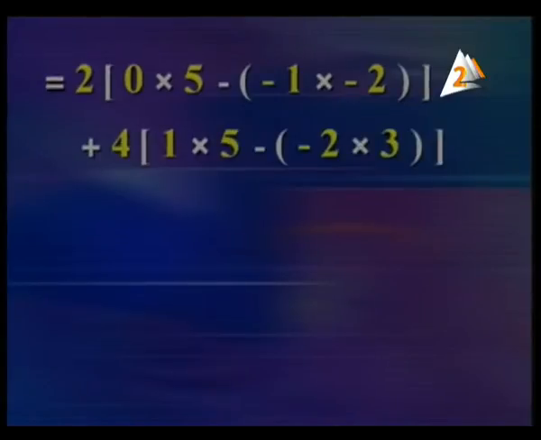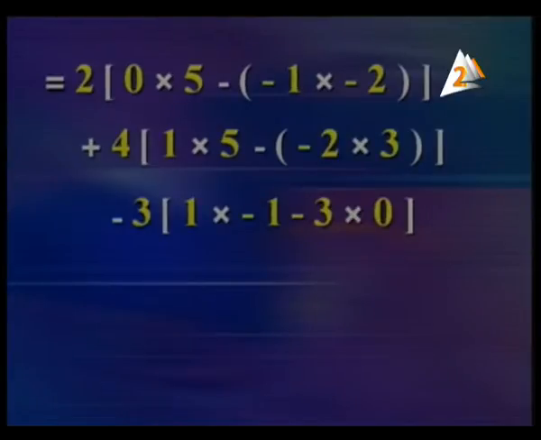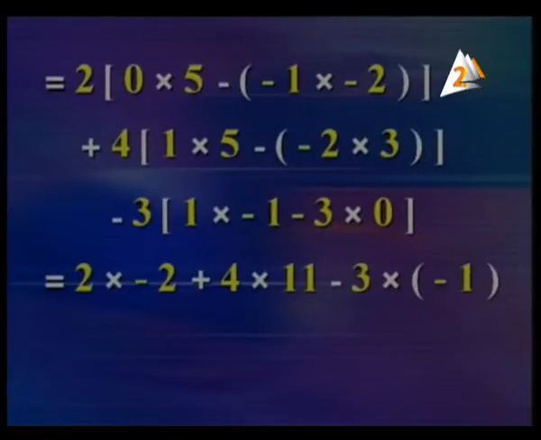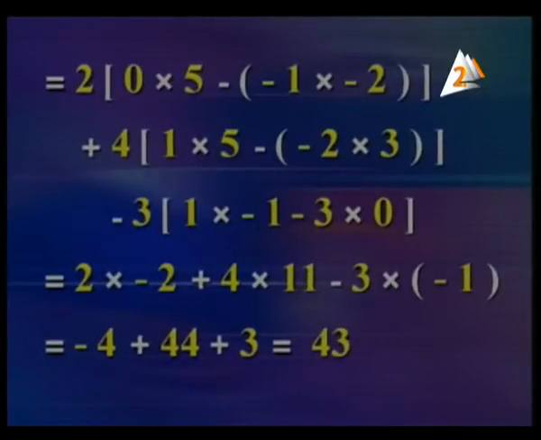Therefore, 2 times 0 times 5, minus the bracket containing negative 1 times negative 2, plus 4 times 1 cross multiplication, 1 times 5 minus the bracket containing negative 2 times 3, minus 3 times the bracket containing 1 times negative 1 minus negative 3 times 0, equals 2 times negative 2 plus 4 times 11, minus 3 times negative 1, equals negative 4 plus 44 plus 3. The answer is 43.